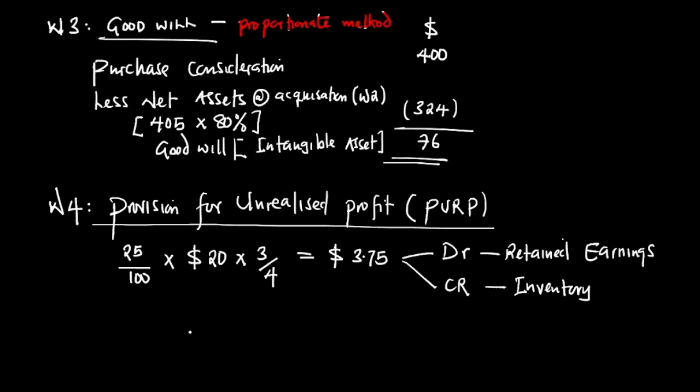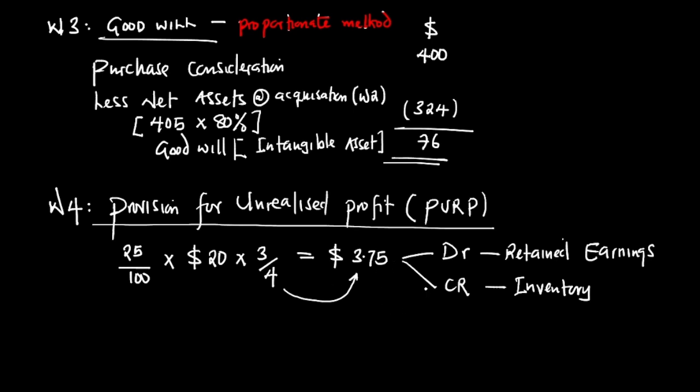Then out of that 5 profit, we can simply say only a quarter has been sold, and when sold outside, that becomes realized. So your interest here is not to look at what has been realized, but the unrealized one, what is still remaining. So you still have 3/4 of the goods still within, therefore that profit element has to be removed, reversed by debiting the retained earnings and crediting the inventory.